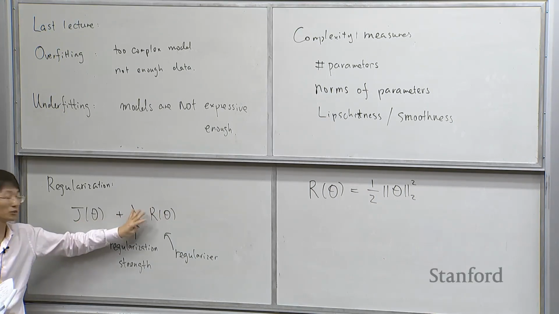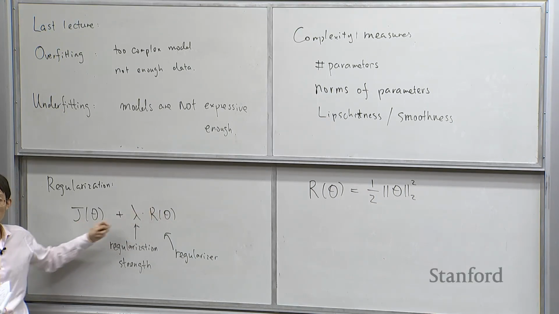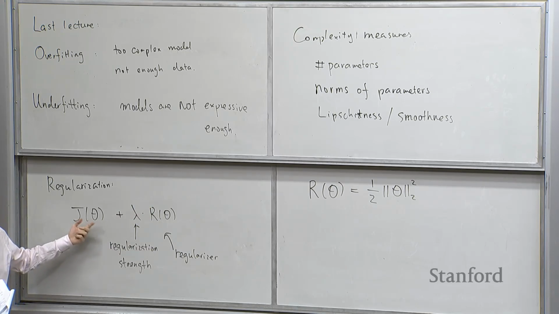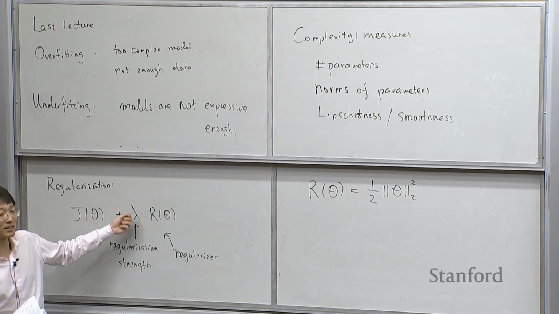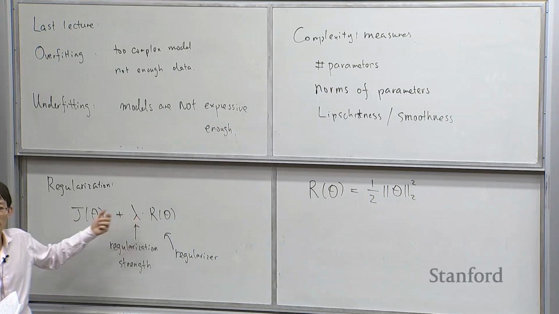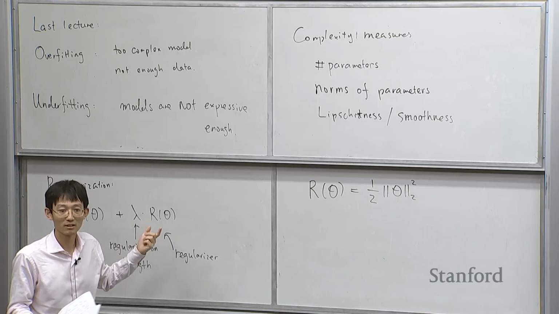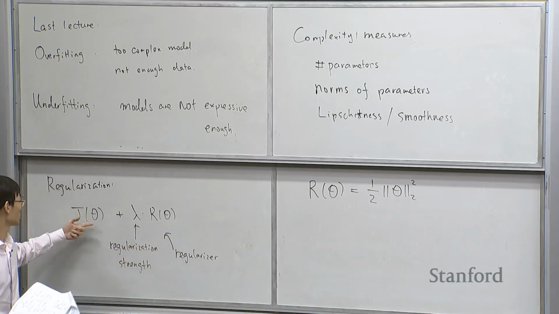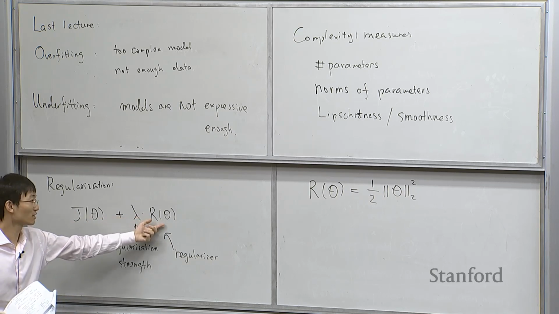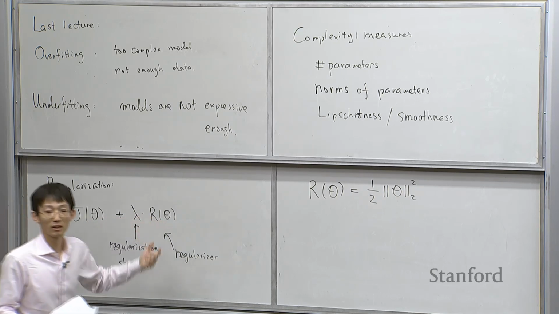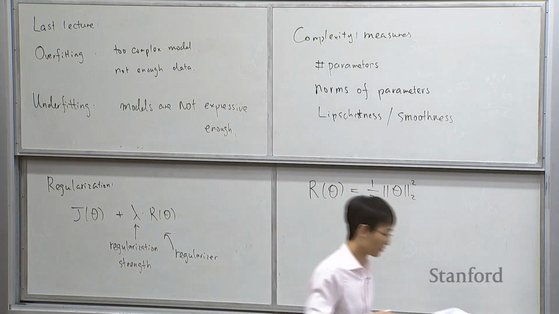If you literally make lambda 0, then you are just picking one of the solutions where J theta is 0, but you don't know which one you pick. But as long as you add a little bit of regularization, you are using this as a tiebreaker in some sense. You are finding solutions such that J theta is very small, but you use the norm as a tiebreaker among all of these solutions that have very small training loss.